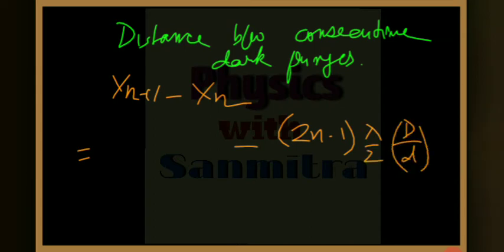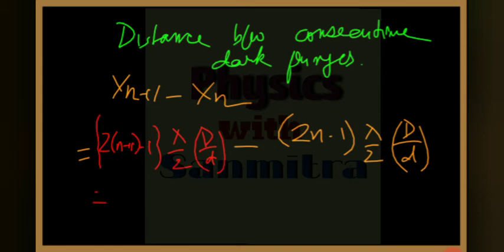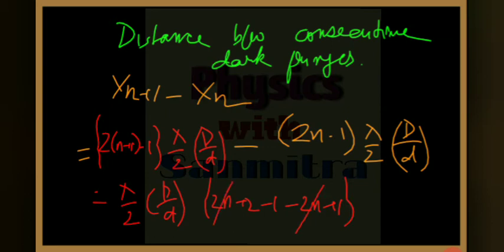Since lambda by 2 and capital D by small d will be common, and for 2n minus 1 I can write 2 of n plus 1 minus 1, so lambda by 2 capital D by d I will take common. 2n plus 2 minus 1 minus 2n plus 1. 2n and 2n will cancel, plus 1 minus 1 cancel, and this 2 and this 2 will cancel. So I am left with lambda D by d, that is the same as the beta we obtained for the bright fringes case.